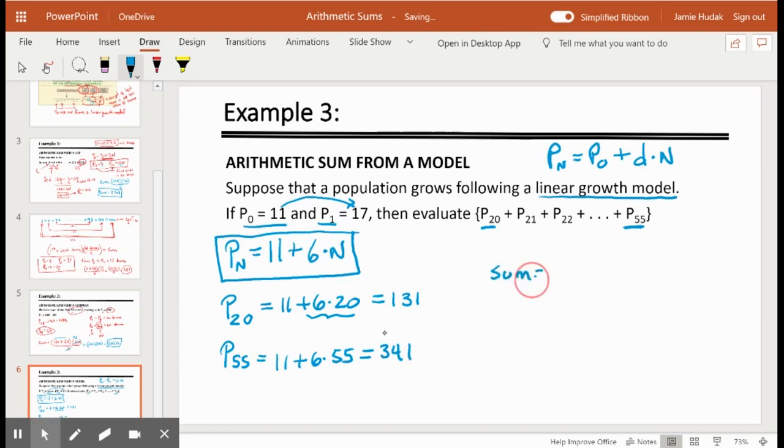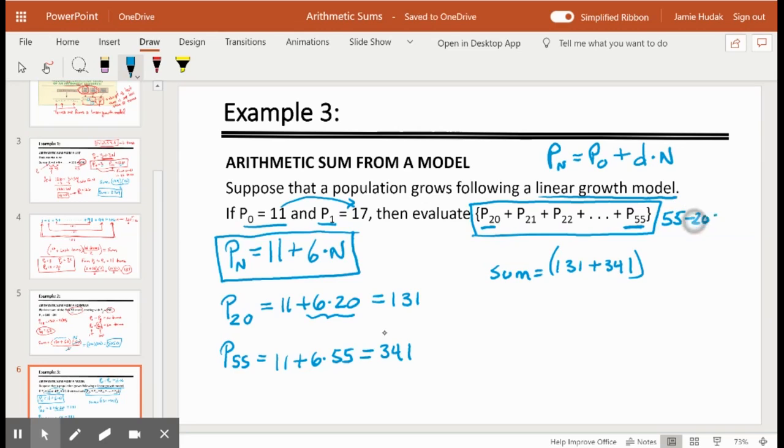So the sum is equal to 131 plus 341. That is the first plus the last. Now we need the number of terms. 55 minus 20 is 35, but we always have to add 1 extra for the starting term, so there's 36 terms. 36 terms divided by 2.